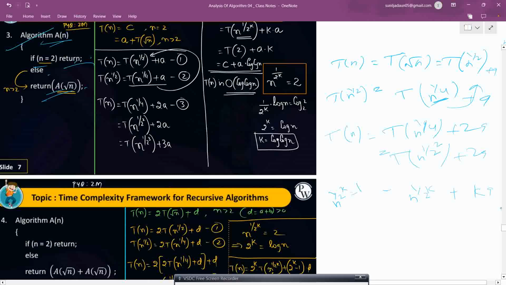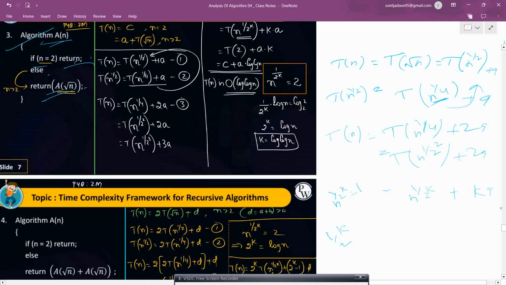So how should we do that? We take log. Log 1 is 0, but we can't say take log here.